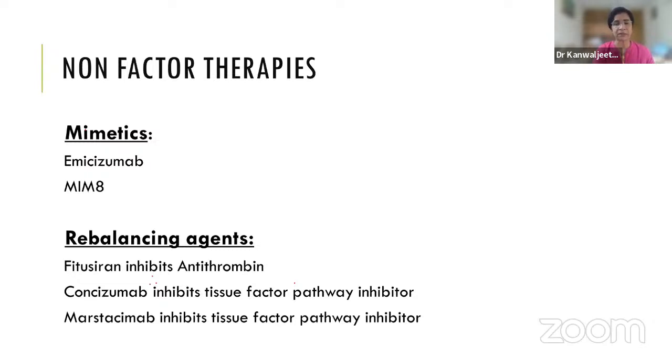Fitusiran is the most common research molecule currently. It inhibits antithrombin, and these two are antibodies which inhibit the tissue factor pathway inhibitor. So both inhibit the inhibitors, leading to the activation of the tissue factor pathway and promotion of the coagulation system.